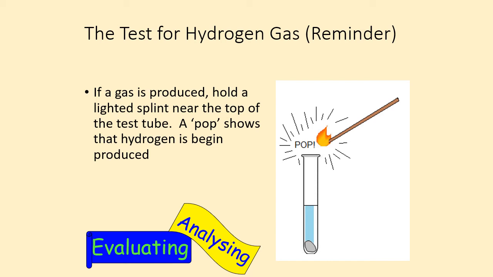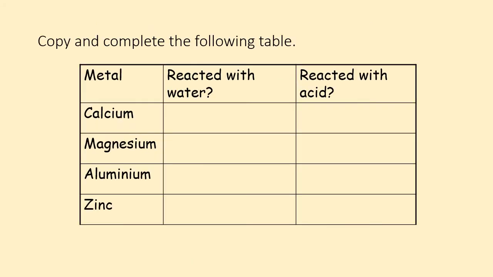And if you're going to do chemistry next year, you're going to need to remember that the test for hydrogen gas is to bring a lit splint to it and it will produce a squeaky pop. So after you've done the experiment, you should hopefully be able to say, has each metal either reacted with water or reacted with acid?